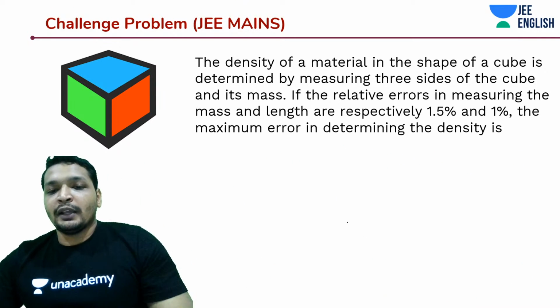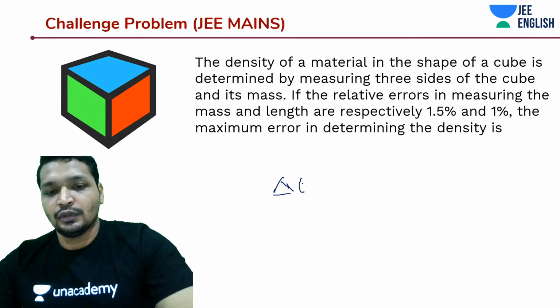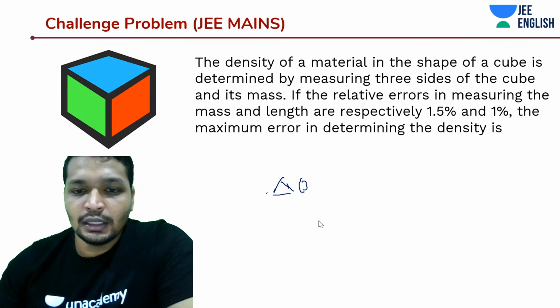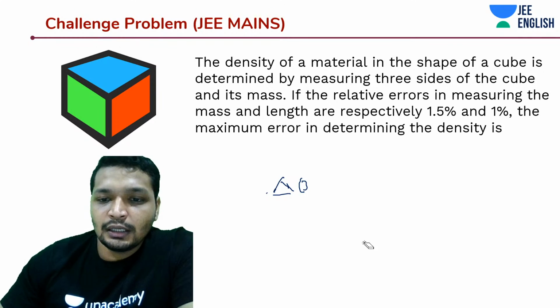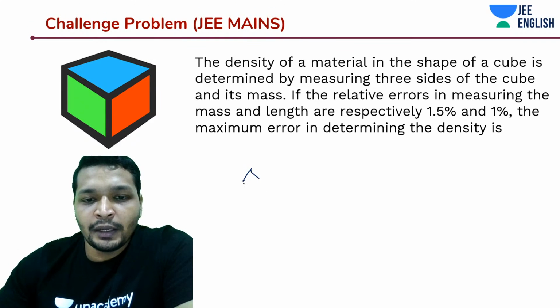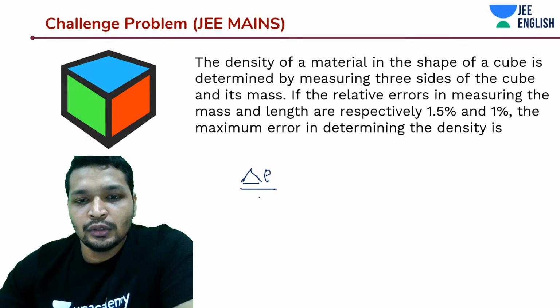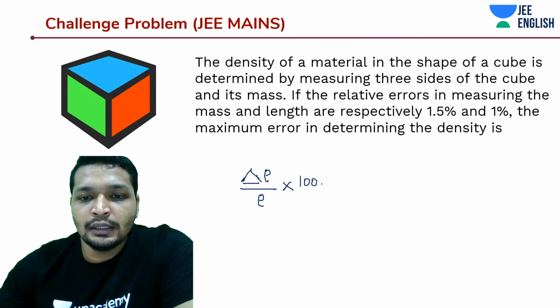So delta rho by rho is nothing but delta rho by rho into 100.